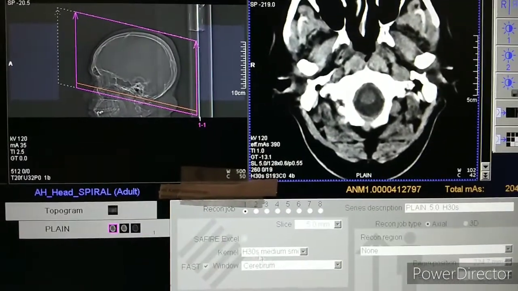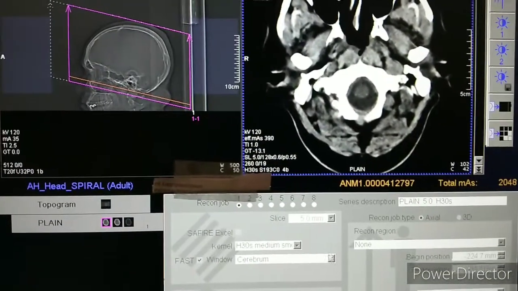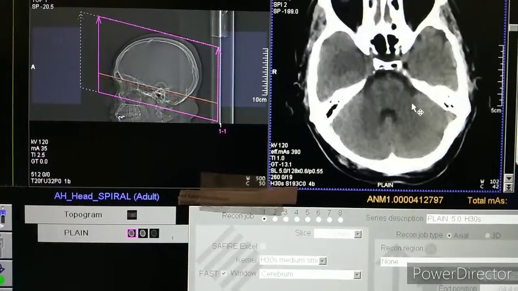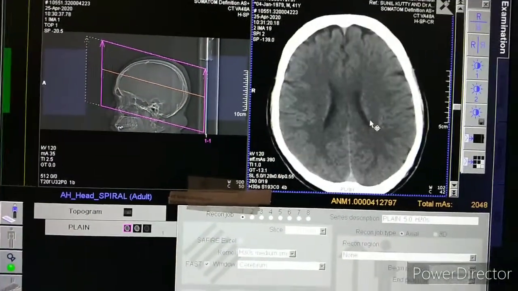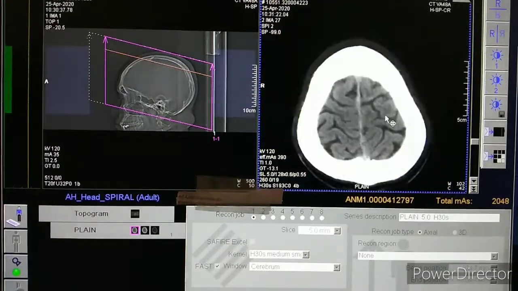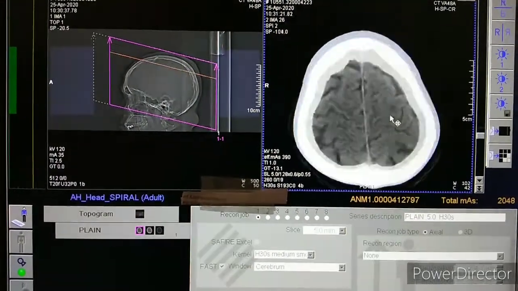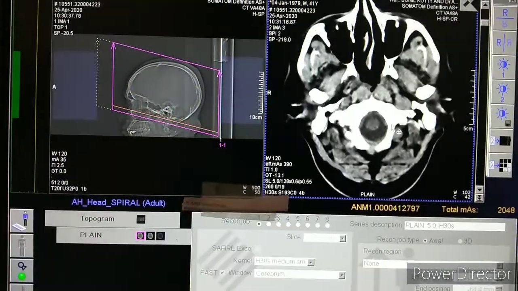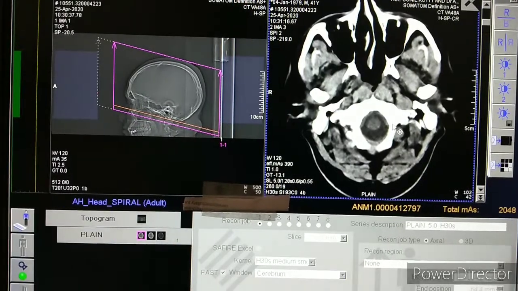plain scan. This is the cerebrum window, we can see the soft tissue window. You see I am scrolling down to the vertex. This is called vertex, and we are at the base of skull.